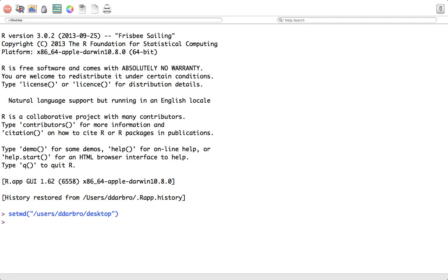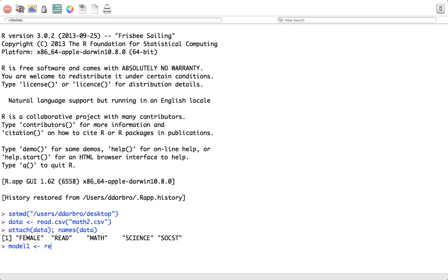Data, so read.csv, and we call it math2.csv. We attach our data, and I like to look at the names of the data. The variables are all capitalized, so I have to keep that in mind. So let's get busy. Let's create our first model.